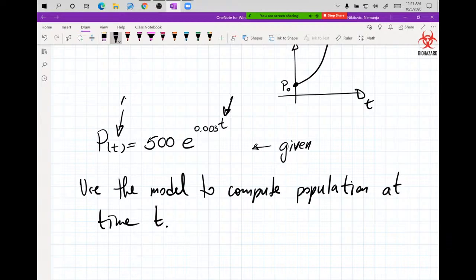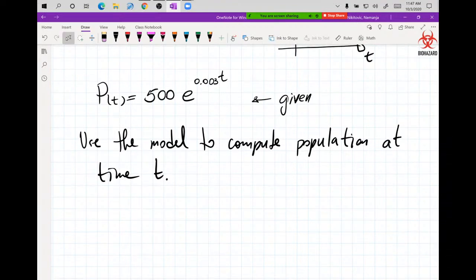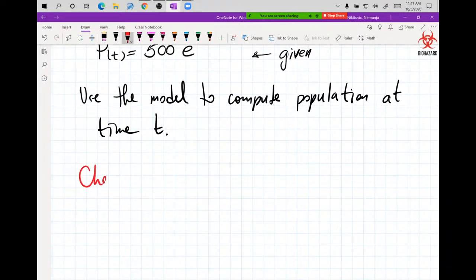You stick in 10 for t. And once you plug the 10 in, you will compute the amount of rabbits present on the island. Now, that's all pre-calculus. You being able to compute this formula with t given as a certain value, that's your pre-calc. What I want to know here, I'll write it in blood, is the change in population.